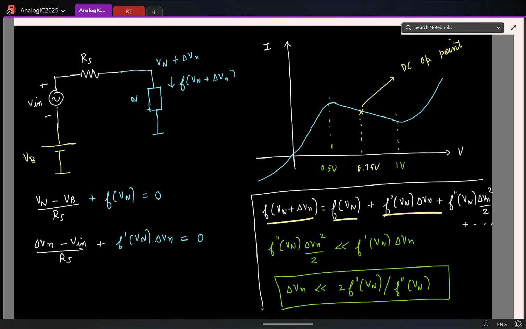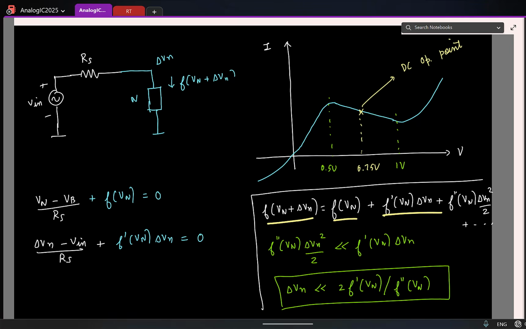So now I don't need to worry about Vb, because in this equation Vb is not there at all. In other words, if Vb is not there, what is the value of Vb? 0. So I zero it, so it goes off.